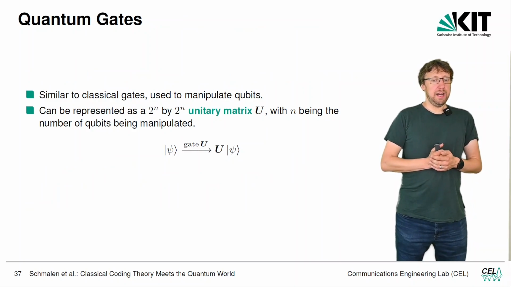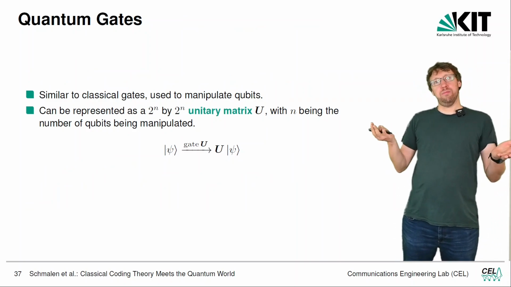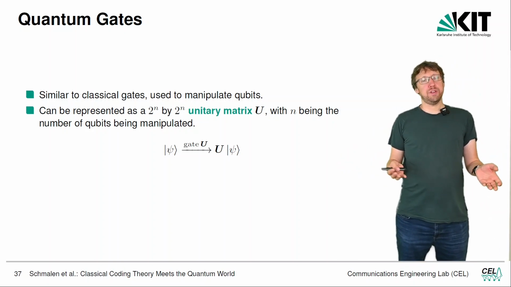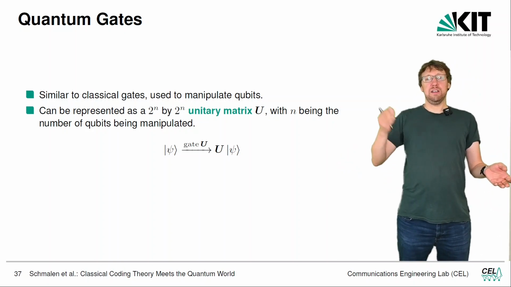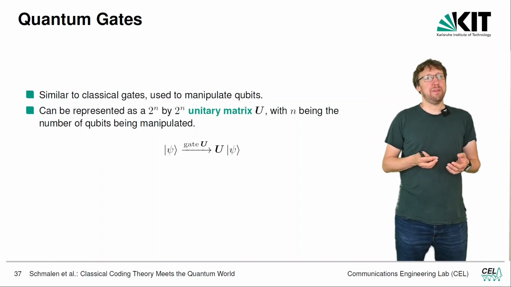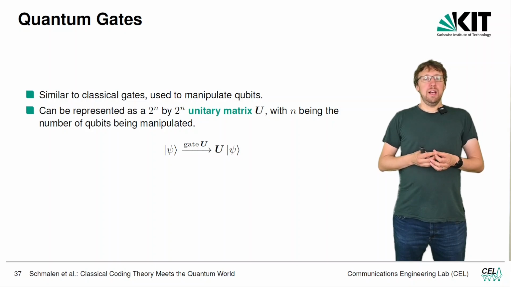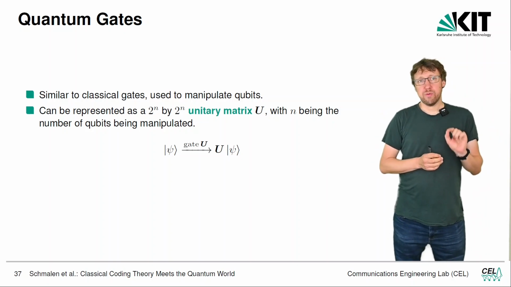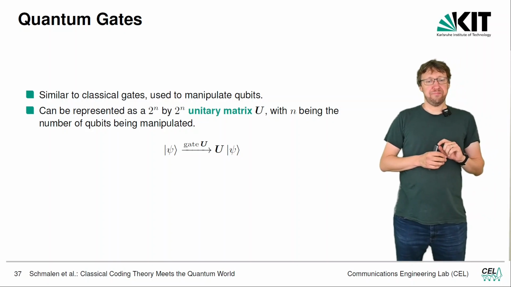So, of course, if you want to build a computer, you need gates. In our typical digital computer, we have AND, XOR, NOT gates. And similarly, we have gates in a quantum computer. It's not so easy in a quantum computer because we are a little bit restricted on what gates we can have.